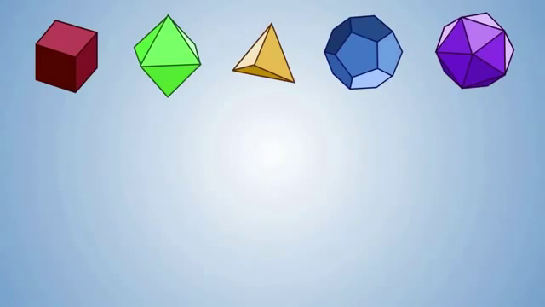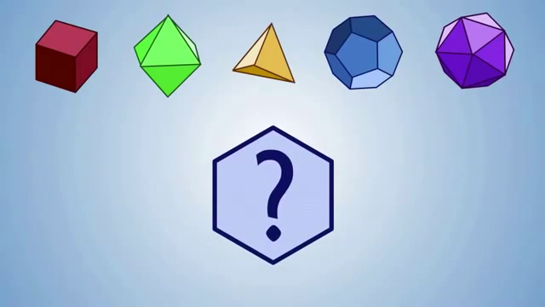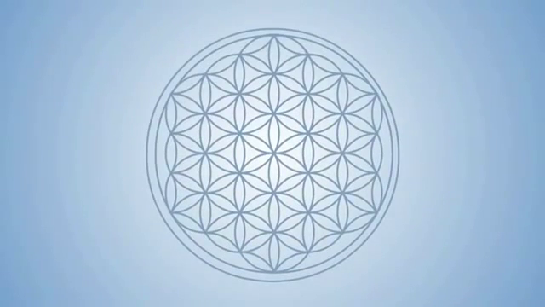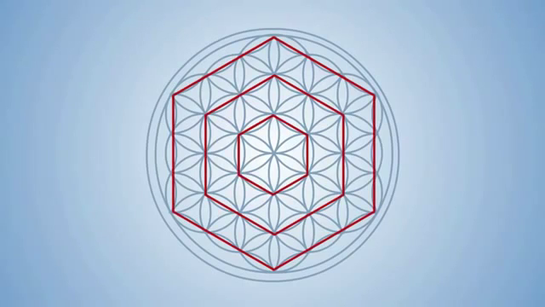We have 5 Platonic geometries that form everything in creation, but we don't have a hexagonal shape. If we look at the flower of life, we see that its ultimate basic form is in a 6-pointed shape, called a hexagon.